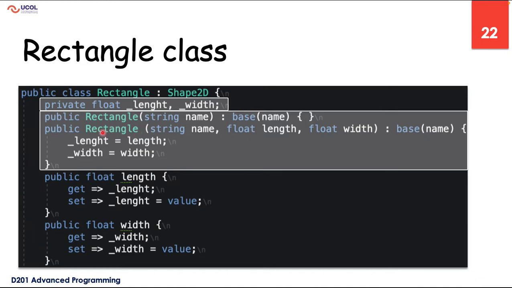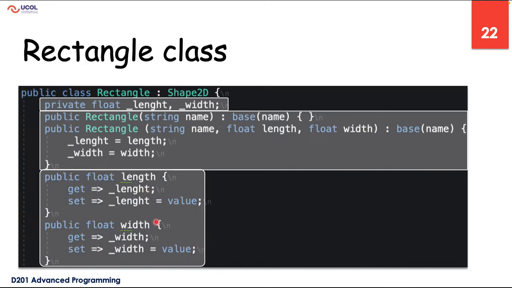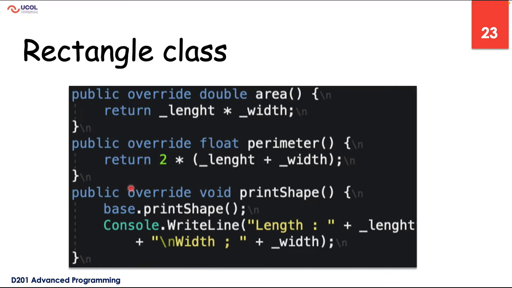And similarly, we can have the second constructor which has the name, the length and the width as the parameters. Name is given to the base class and the length and width are initialized here. And then we also have the public set and get methods, the public methods which help us to initialize or access those length and width private fields.